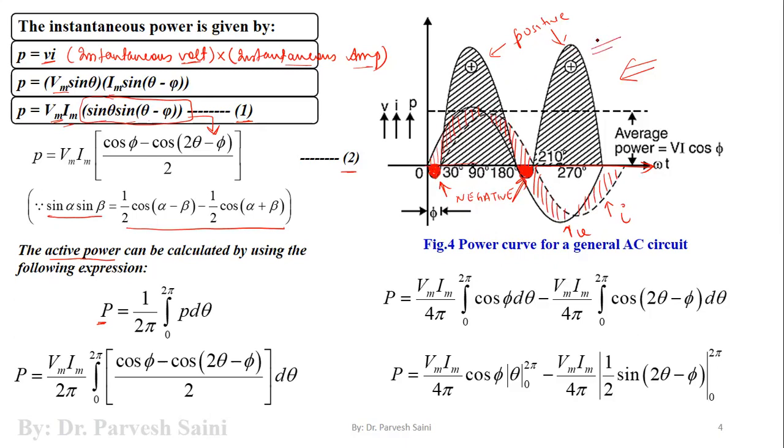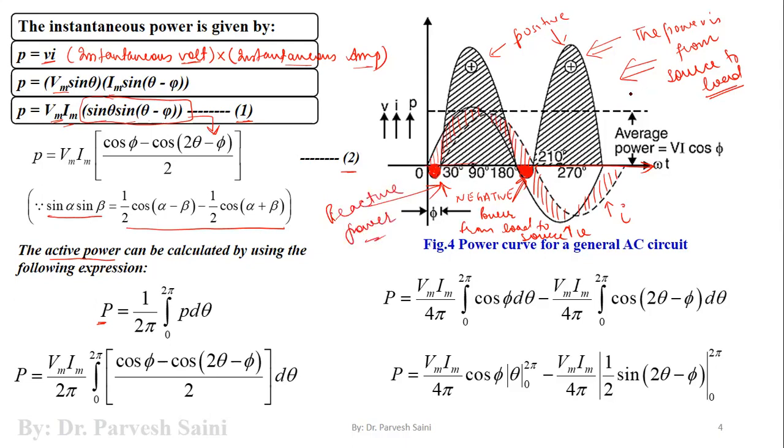The positive curve indicates that the power is from source to load, and the negative indicates power from load to source. So this part indicates the reactive power, and this one is the active power.